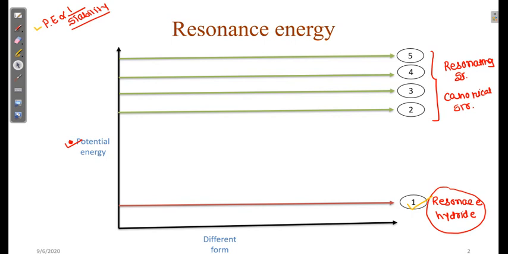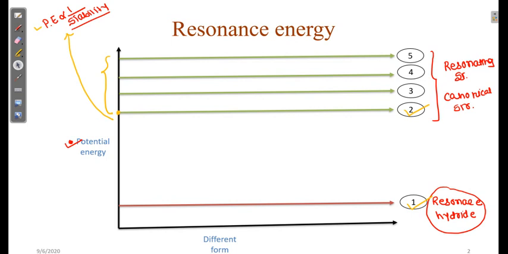But among the available resonating structures, if I want to find the best one, from this graph I can say structure number 2 is the most stable structure, because it has the least potential energy among these 4. According to this relation, I can say so.